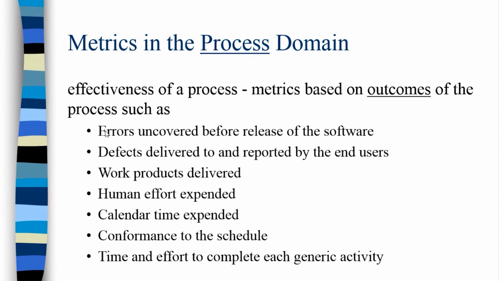And we can measure the effectiveness of the process by delivering this particular set of metrics based on the outcomes of the process, like errors uncovered before release of the software, defects delivered to and reported by the end users, work products delivered, human effort expended, calendar time expended, conformance to the schedule, and time and effort to complete each generic activity.